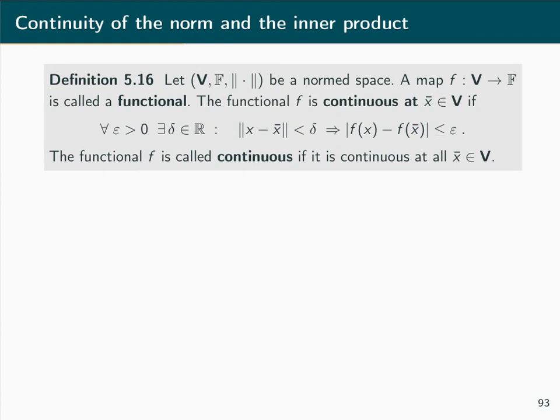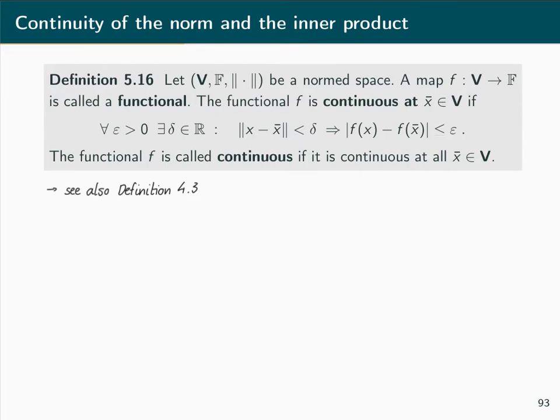An important property of the norm and the inner product is that they are both continuous as functions. In definition 5.16, let's first recall the definition of a continuous function, which we have seen in a similar way in definition 4.3.